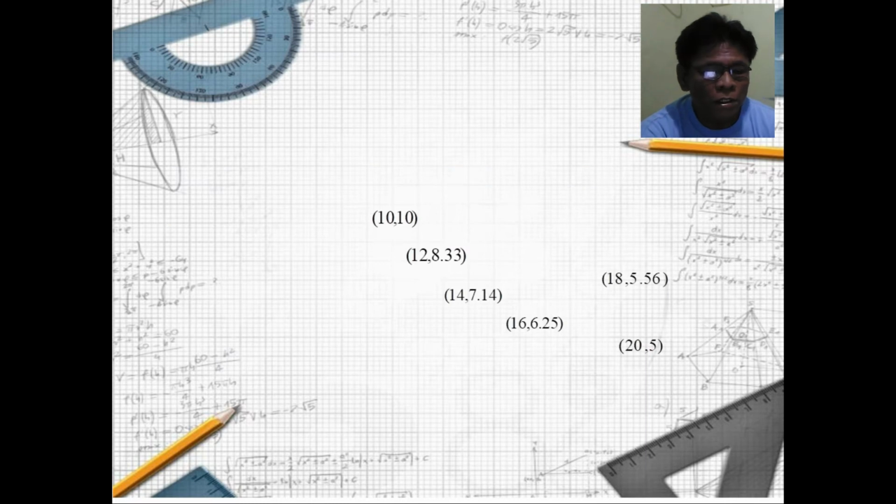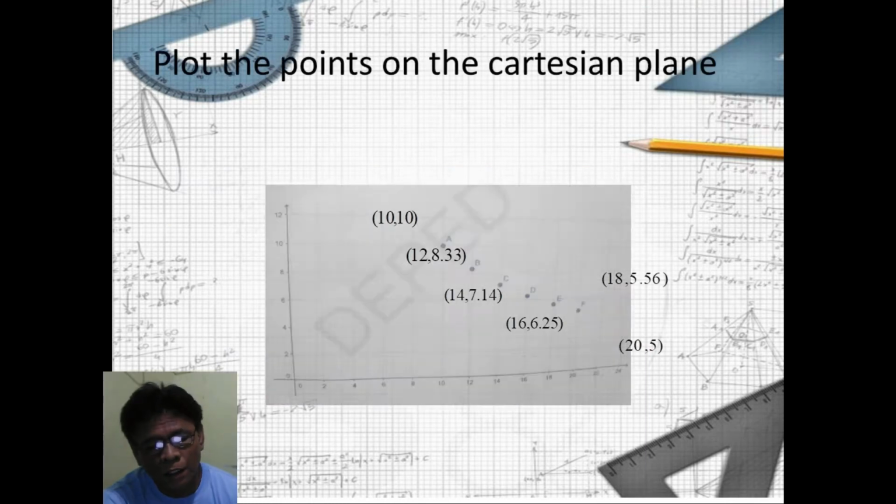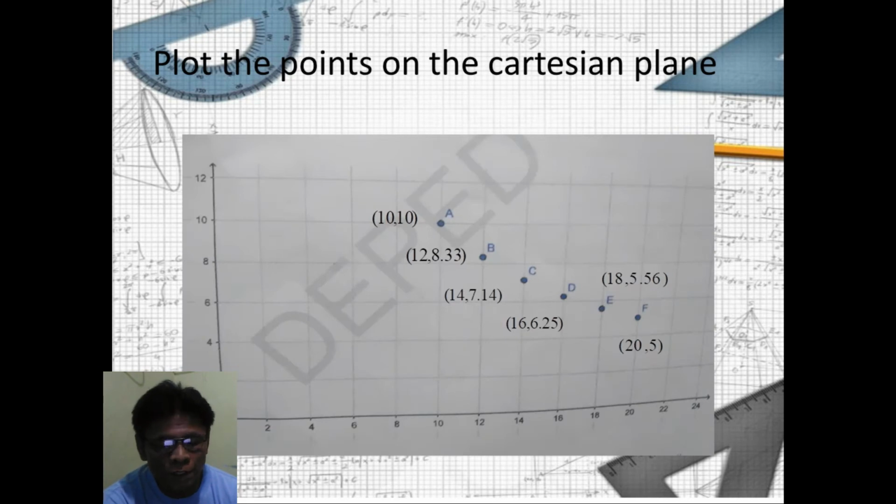Now this is the graph, where we plot the points in the Cartesian plane. The vertical axis is S of t, and the horizontal axis is t. Then we have points A, B to F. The coordinates of A are 10 and 10, meaning the first 10 is the value of t, and the second 10 is the value of S of t.